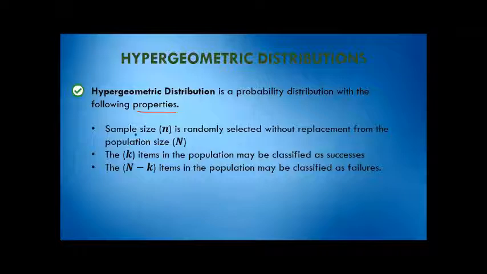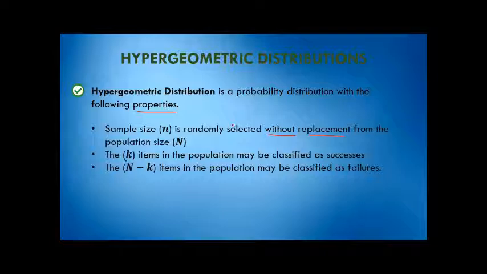So una, the sample size, denoted by small n, is randomly selected without replacement from the population size, which is represented by capital N. So ibig sabihin, pag meron tayong population at kukuha tayo ng sample size, pagkuha natin, hindi na natin ibabalik kasi without replacement.